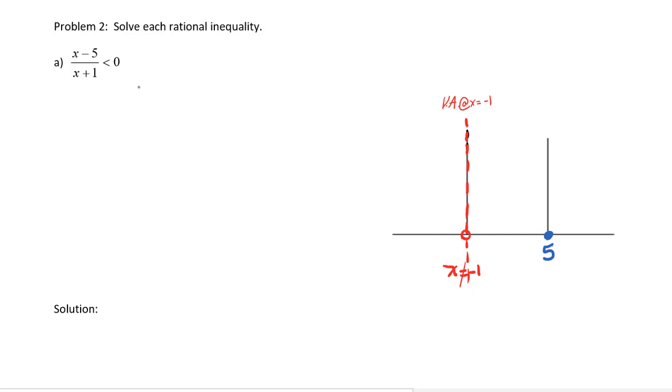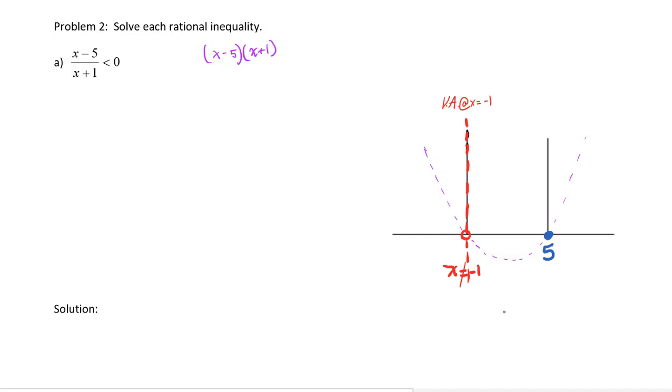Now remember, since the rules for multiplying signed numbers are the same rules for dividing signed numbers, we can use the factors as factors in a polynomial just to check where the rational function will be positive and negative. This is a parabola if it wasn't divided, opening upwards, so the function will be positive, negative, and then positive again. In this case you have to keep track of the vertical asymptotes.